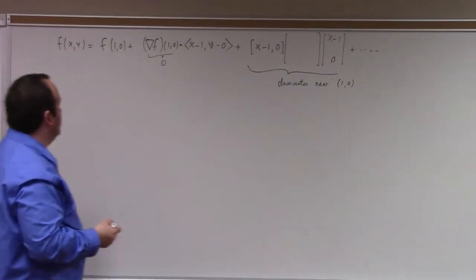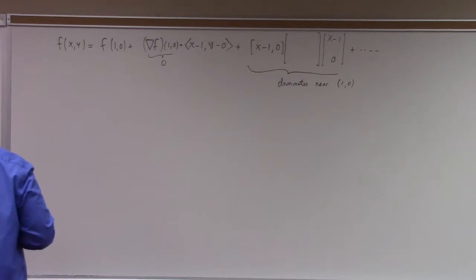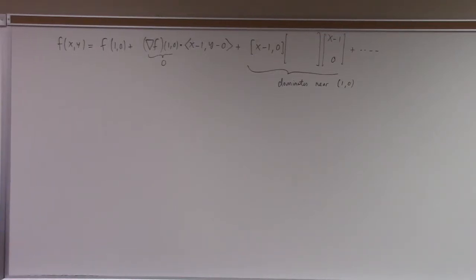So what is f of (1, 0)? I think it's 0. Because if y is 0, I get 5 minus 10 plus 5.